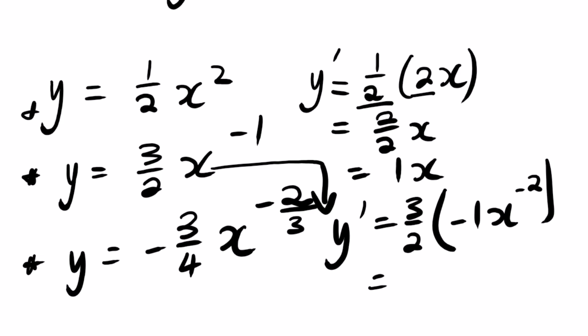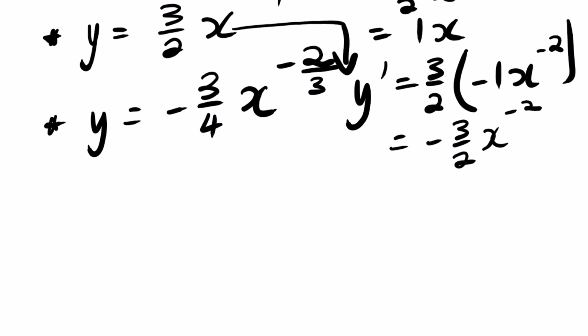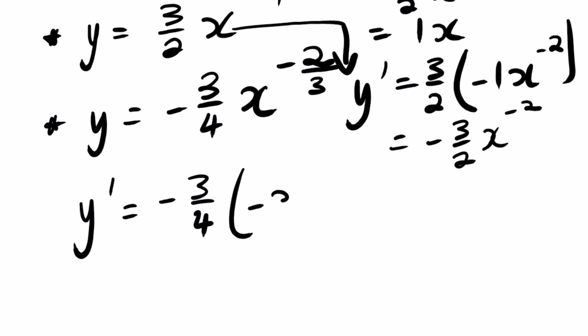And then from there, we have negative 3 over 2 x to the power negative 2. The last one, negative 3 over 4. The derivative of x to the power negative 2 over 3, it's negative 2 over 3 x to the power negative 5 over 3.